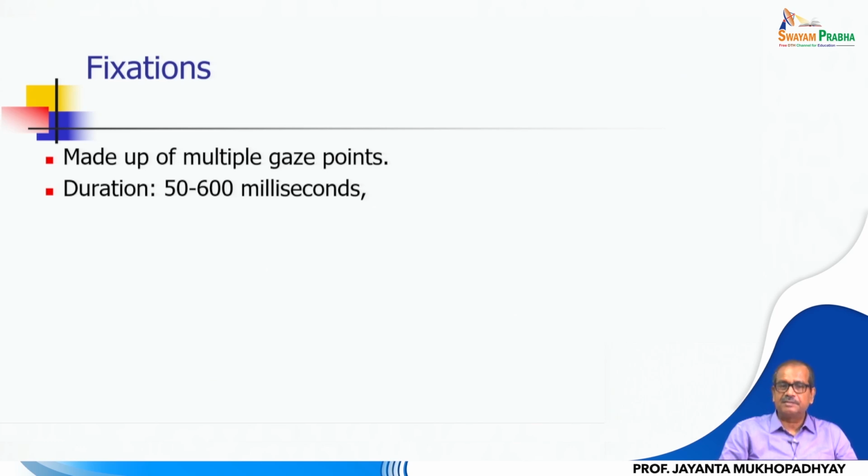Its duration is 50 to 600 milliseconds. So some points may take a small time, and some may have more details. So that is interesting. The usual duration is 100 to 300 milliseconds.